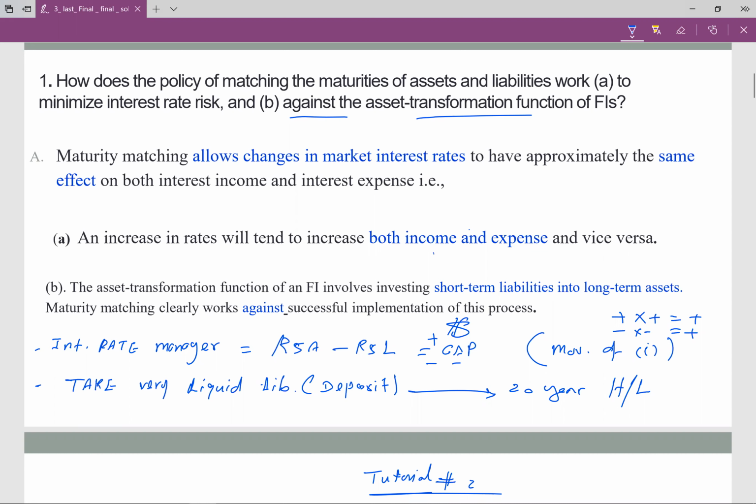Interest rate is going down. I am not going to give more assets, because if the interest rate goes down, I want this to be minus. You are telling me to make it up. You want me to make this plus. I cannot do that. I have to control the interest rate. I'm telling you, take very liquid assets and bring more assets, which means increase this number. The interest rate manager or risk manager says no, if the interest rate is going down, he wants this to be down.